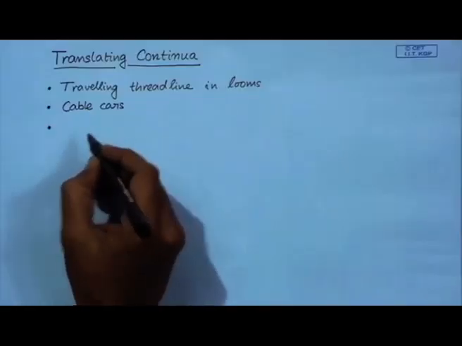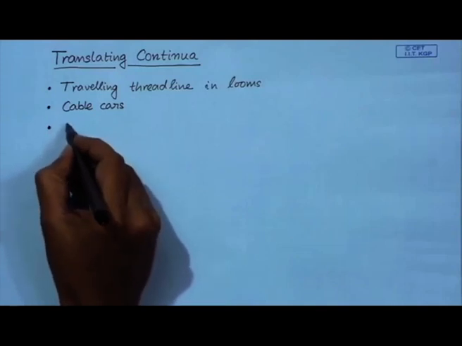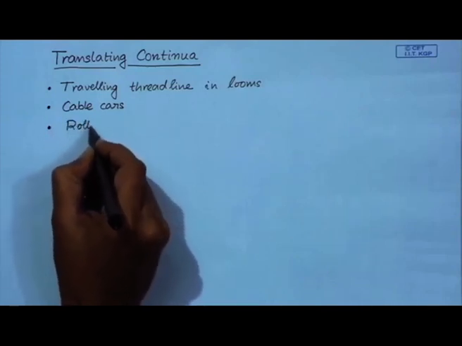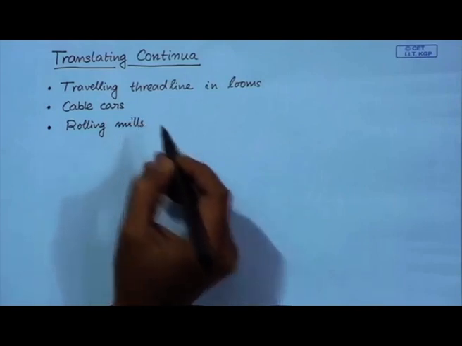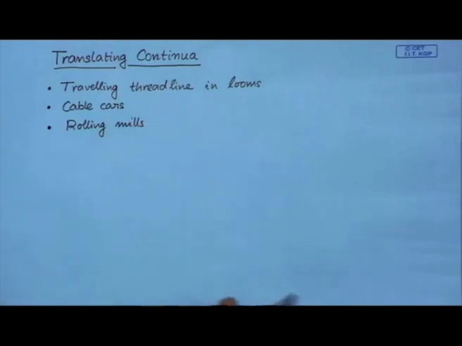The third example is observed in rolling mills. In a rolling mill, material is being rolled, and the material is constantly getting elongated, and it moves at very high speeds, and it can move between two rolls or one roll.